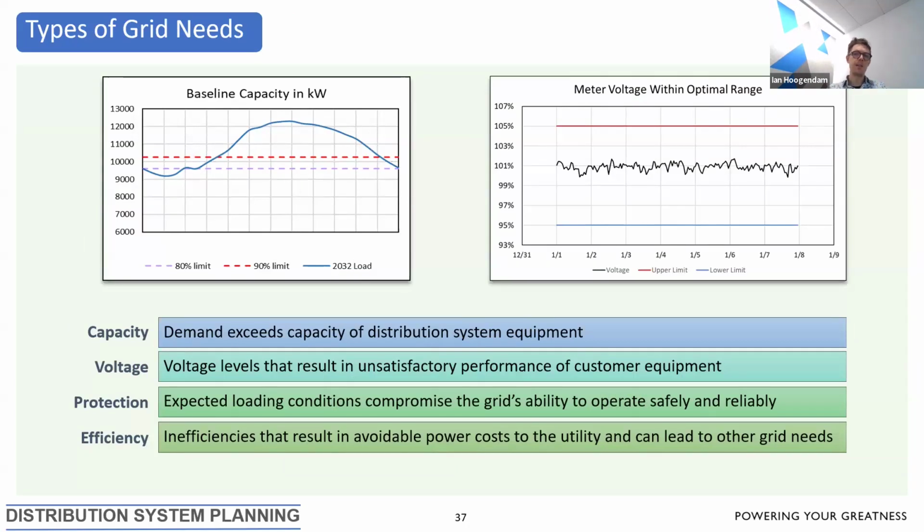And this can compromise equipment integrity and lead to failures over time. Capacity is one of the most commonly identified needs in our planning studies. And wires would be a very common type of equipment where we could forecast load exceeding the capacity of that wire. You can see an example of a capacity need in the above graph.